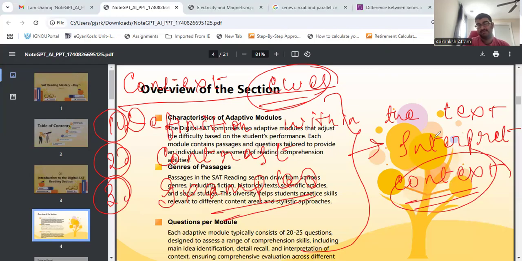Contrast. Okay. Number three is what? Examples. Okay. I finished. Amazing.